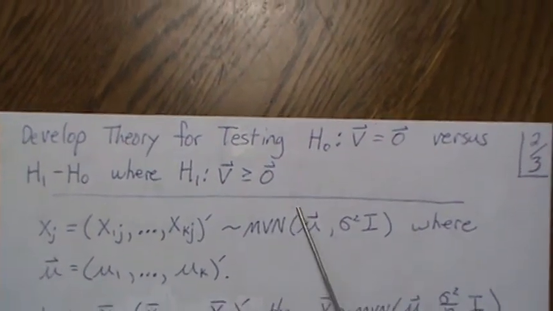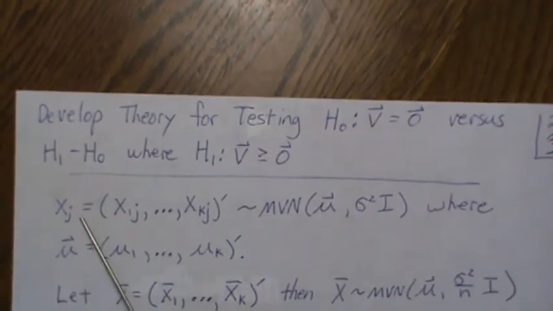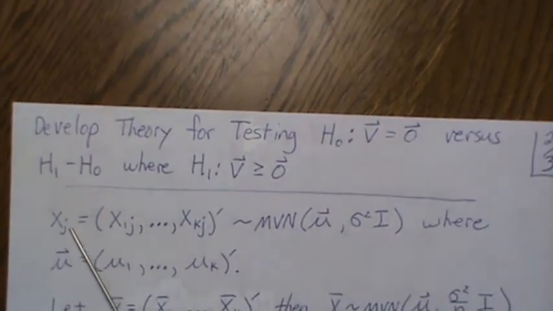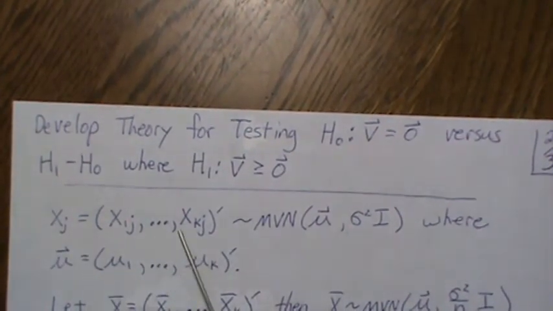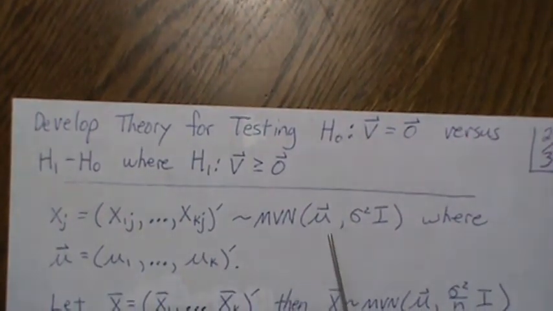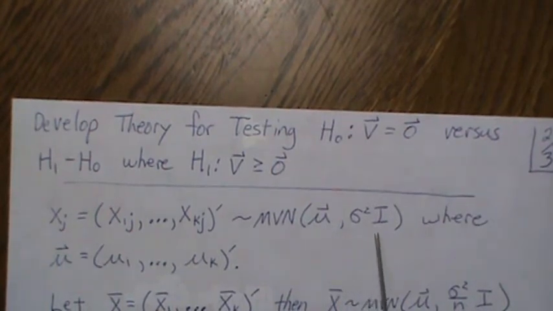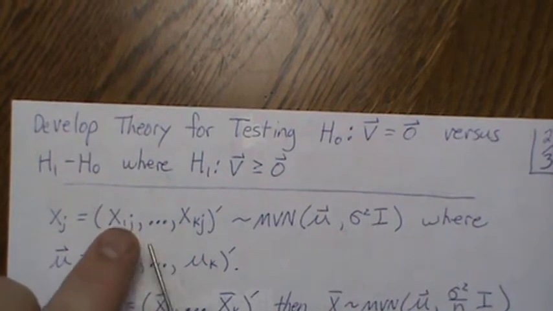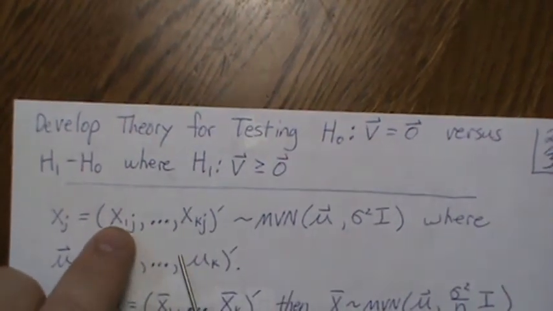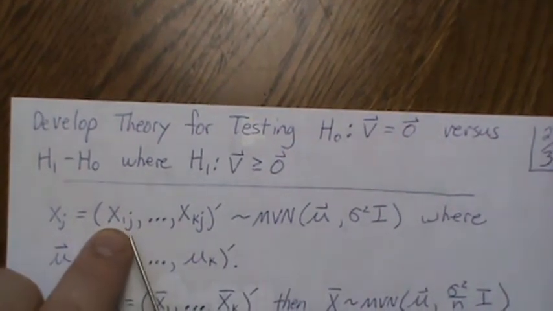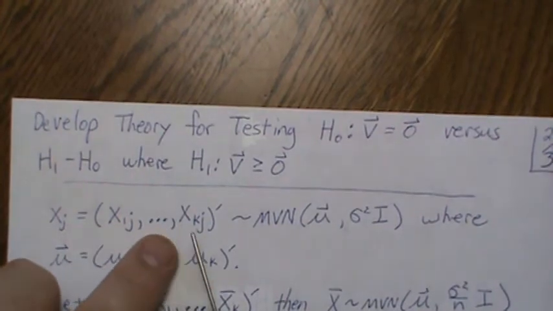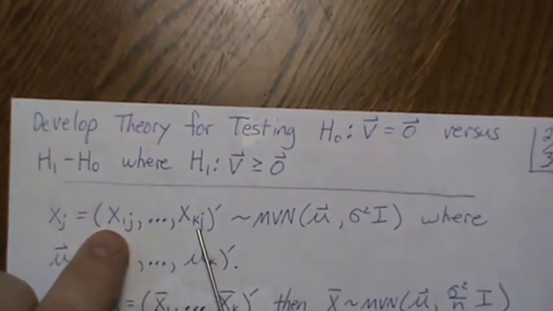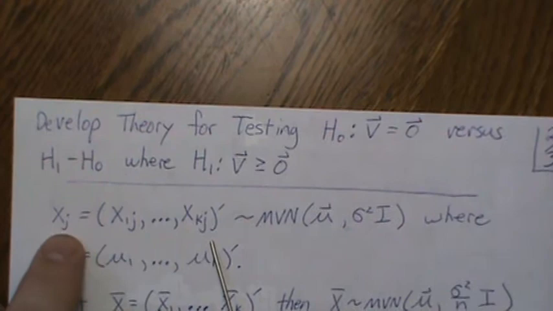and let's develop the theory for this test. Let the vector X_j be this, and it's multivariate normal with some mean and covariance matrix sigma squared times I. What this represents is that X_1 is the first treatment, X_2 is the second, all the way up to the kth treatment, and the j represents the observation.